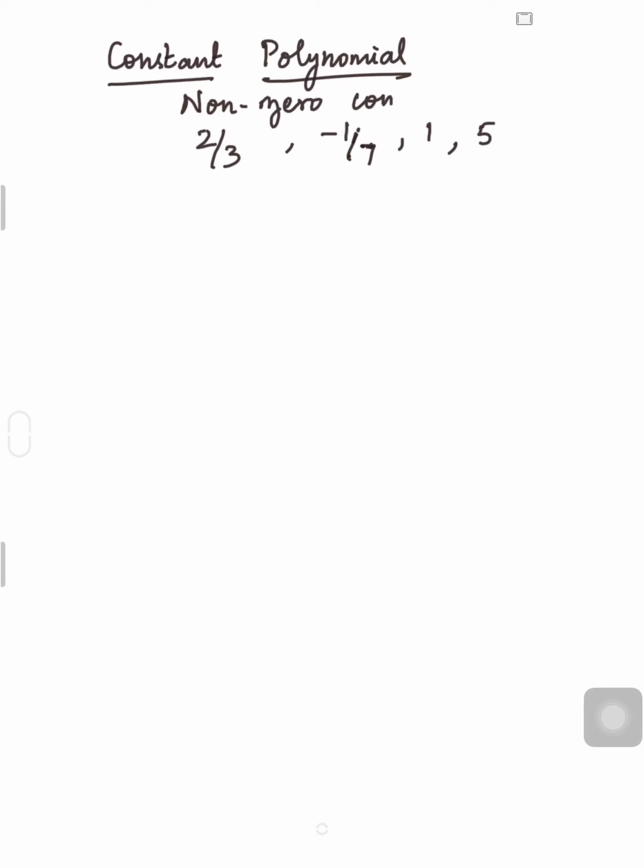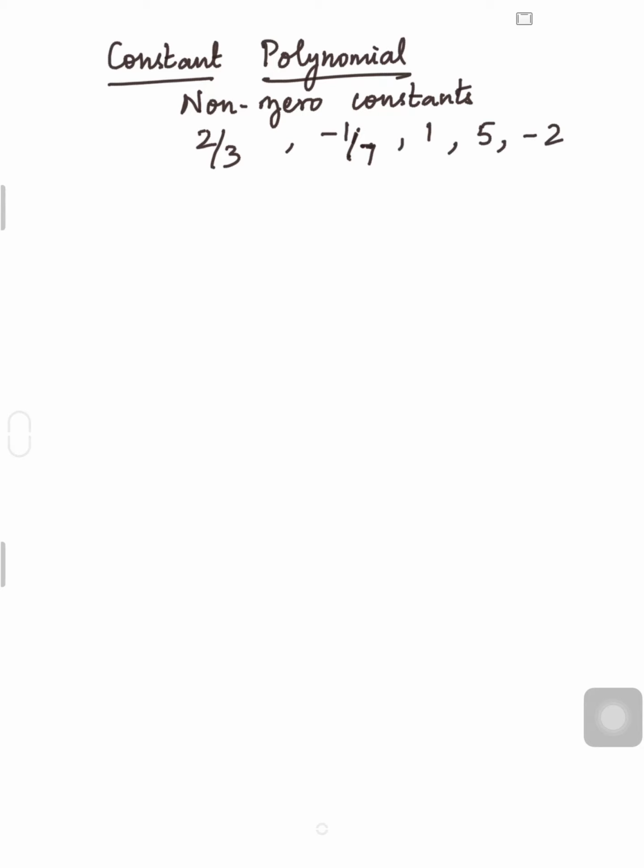Non-zero constants are called constant polynomials. Minus 2 is a constant polynomial. Here is there any variable? No.